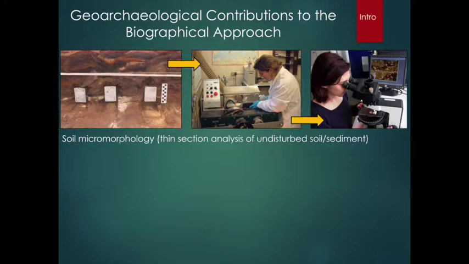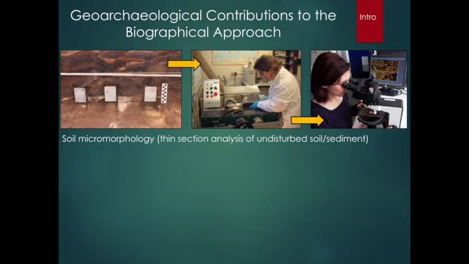So this is Julie Boreham working in the lab in Cambridge, thin sectioning the soil down to a thickness. Usually the thin sections are about 30 micrometers thick, so that's 0.03 millimeters, at which thickness you can shine light through it, and you can see all of the components of the soil, from the minerals through to the organic matter, to artifacts, bones, absolutely everything.